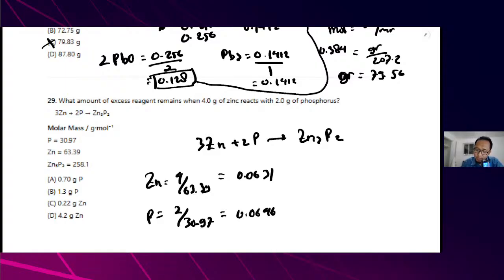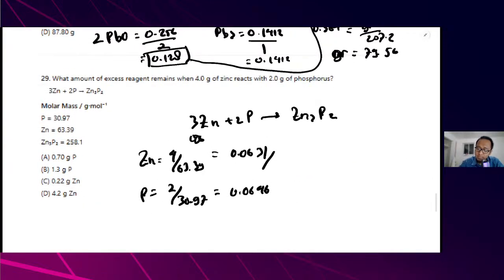This is for Zn and this is for P. But now we need to take a look in detail. Because the coefficient over here is 3, we just divide this number by the coefficient, and then this one as well, it should be 2, kind of like this way.